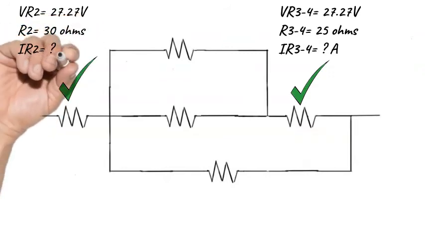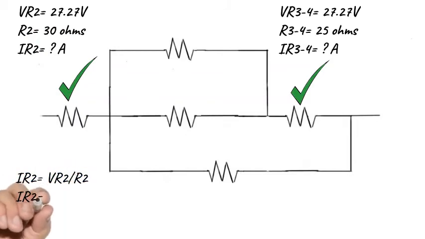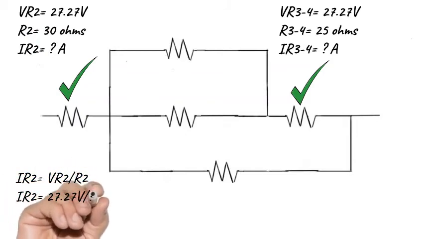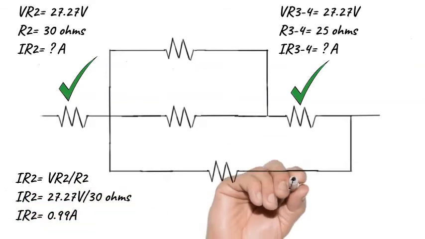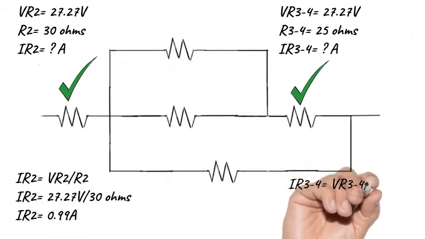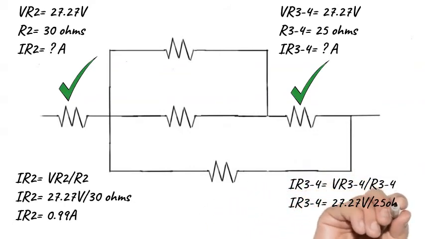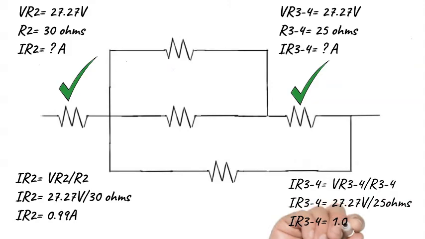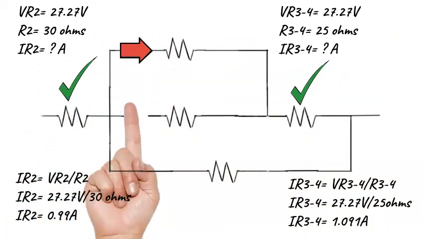We will divide it by the ohmic value for R2, which is 30 ohms, and subsequently we'll do the same thing for R3, 4, and that will give us the current that is across R2, as well as the current that flows through R3, 4.